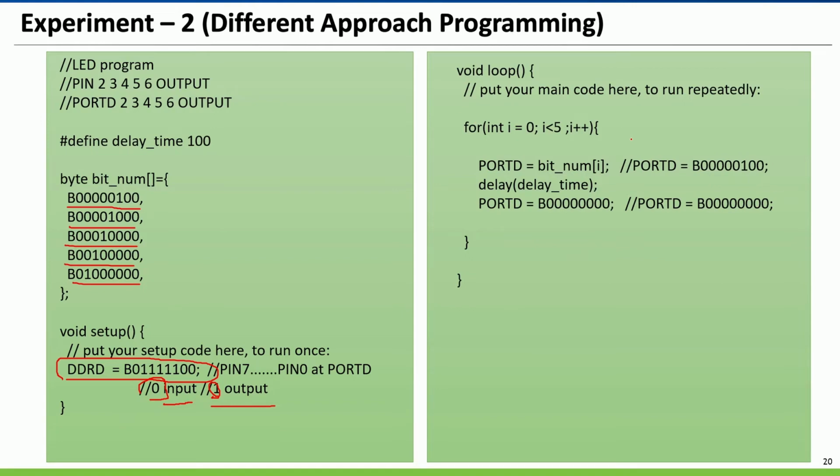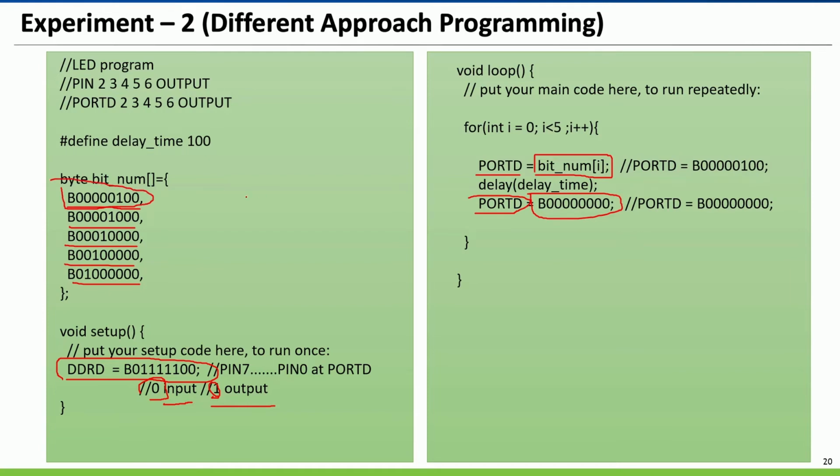And in void loop, simply use PORTD, and you assign a byte number, and you set byte 0. What is this number?